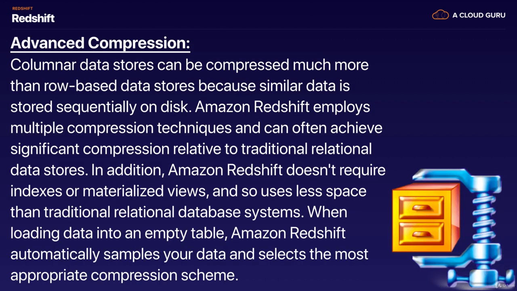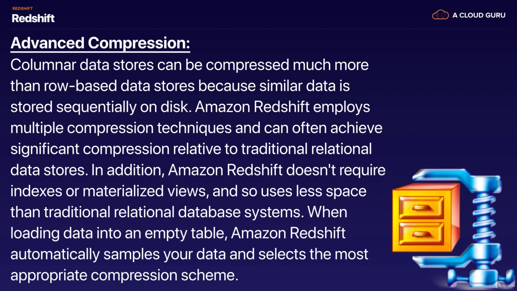Redshift uses really advanced compression. Instead of compressing individual rows inside a table, it compresses individual columns. Because the columns contain the same type of data, one column might be a date, for example, or another column might be text, or an integer, or a Boolean value, it's a lot easier to compress because all the data is the same.